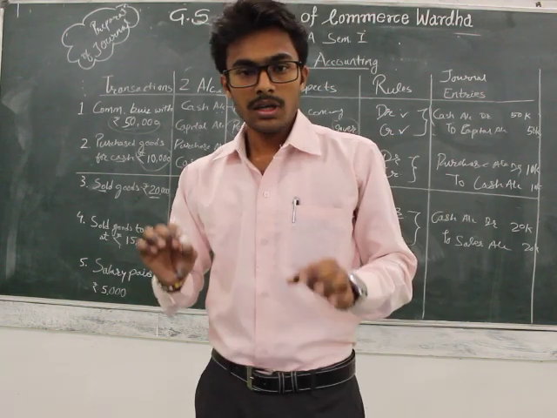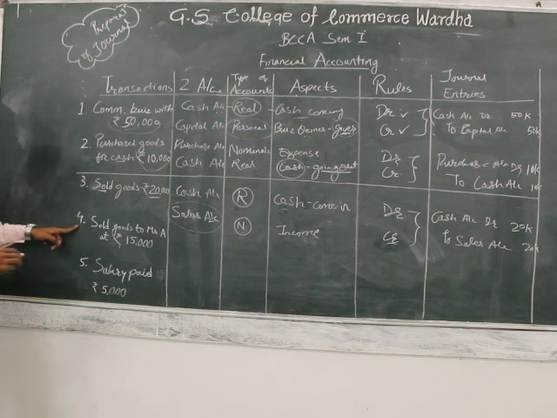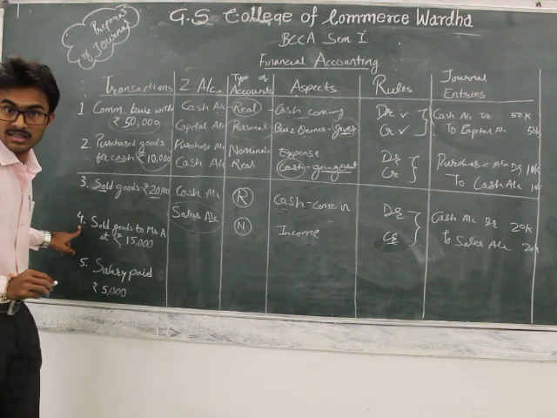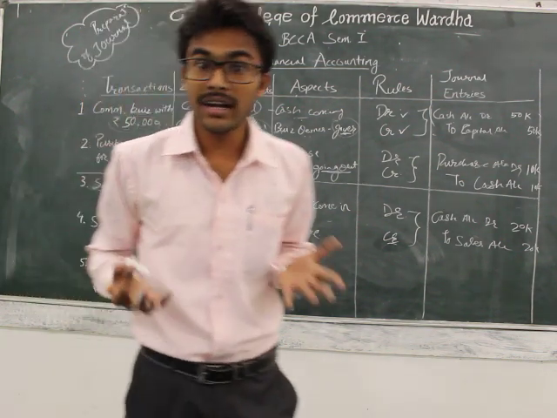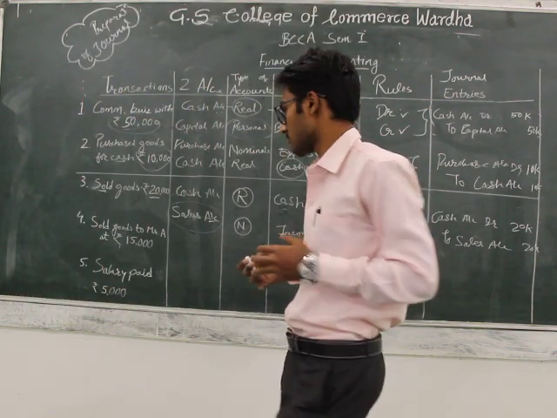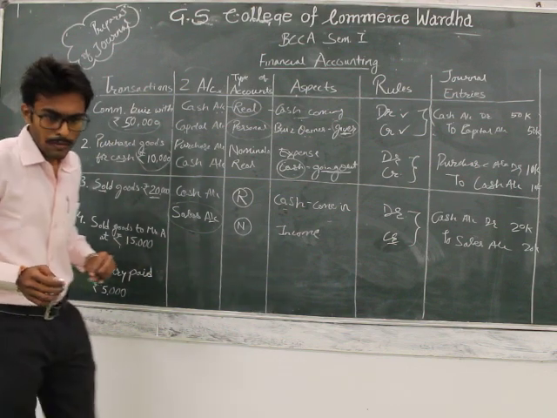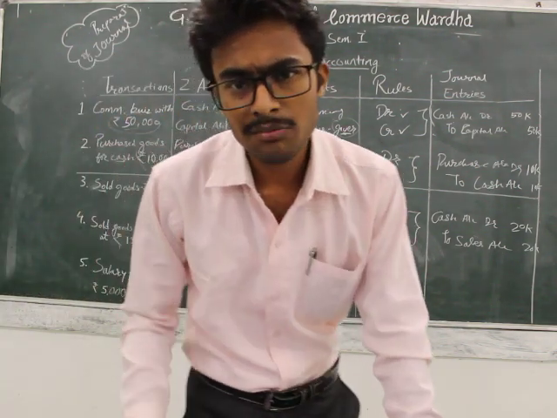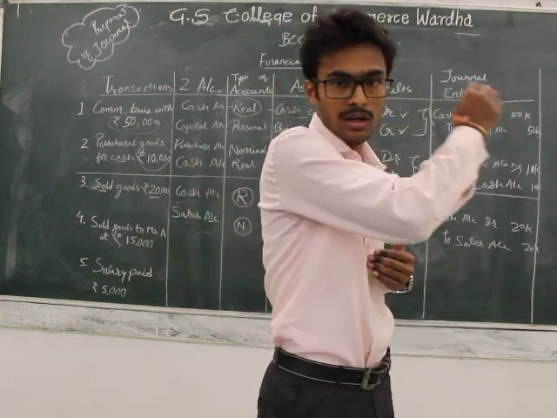So this fourth transaction is an udhar ka transaction. That means this transaction is on credit basis. If I am selling something for cash, that means cash will come and goods will go out.